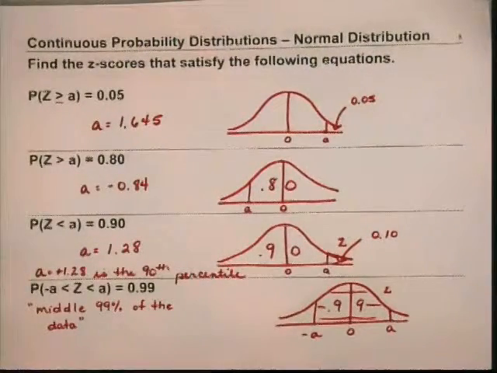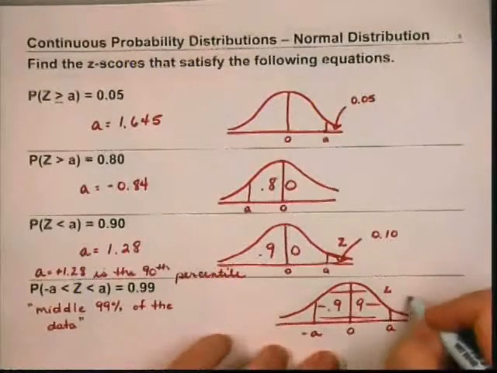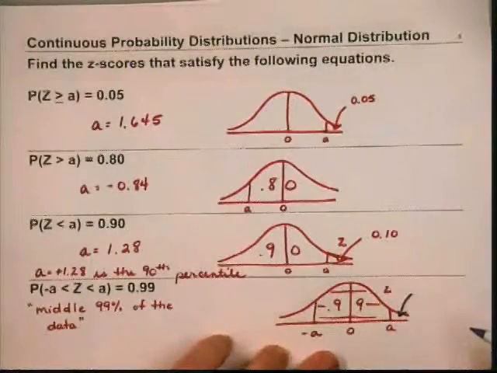How do we do that? Well, if the middle area is 0.99 and it's symmetric, despite what my picture looks like, and the normal curve is symmetric, then this area is equal to what?